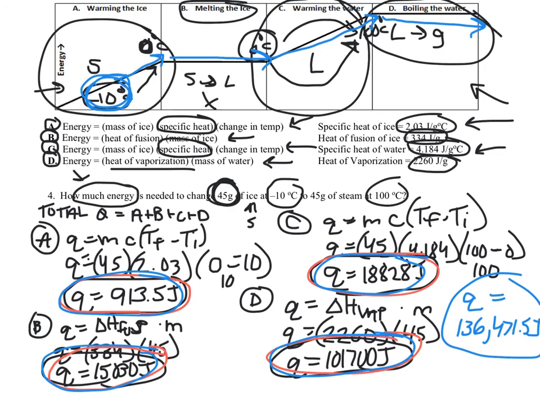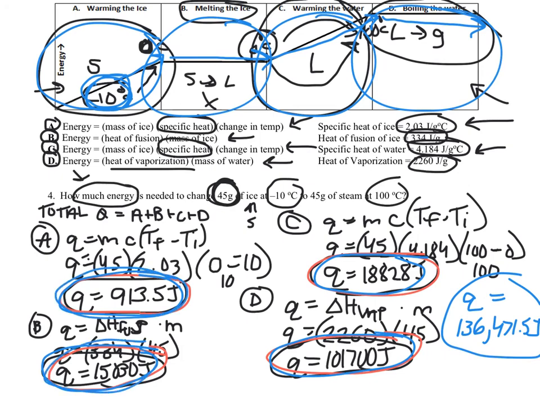And those are the 2 major phase changes, melting and boiling, right? And we had to calculate the amount of energy it took to do all of those individually in 4 separate sections, A, B, C, and D. And that, of course, led to us adding up all of them to give us our total energy. All right?